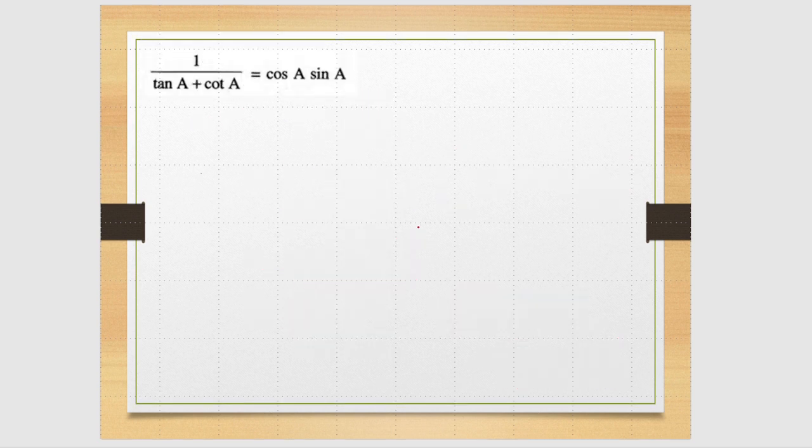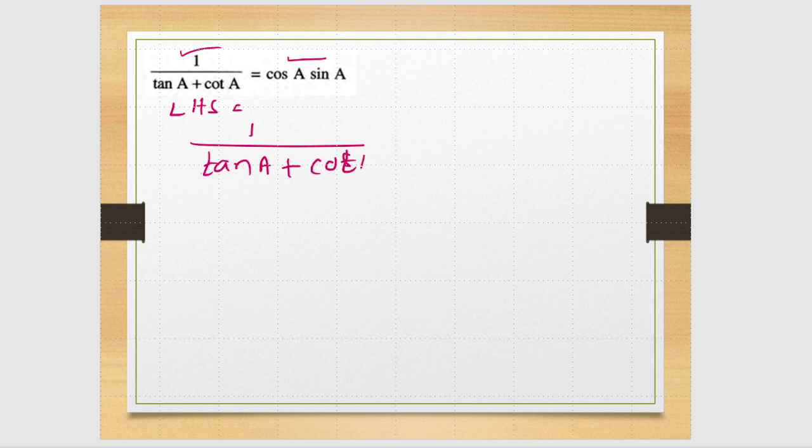Now come to the third problem. Third problem, what is given? 1 by (tan A plus cot A) equals to cos A into sin A. So take again the LHS. What is the LHS? 1 by (tan A plus cot A). Students, you can see here cos A sin A is there to prove, so tan A and cot A are of no use.